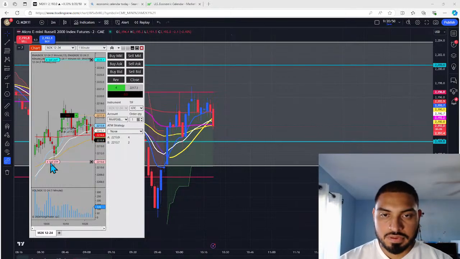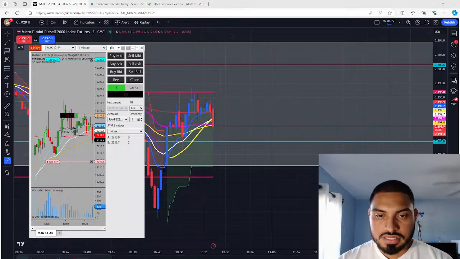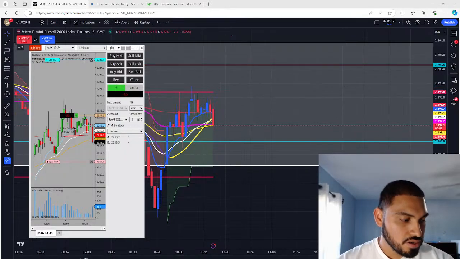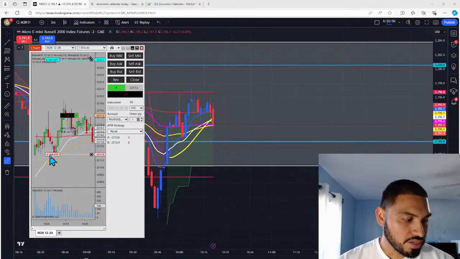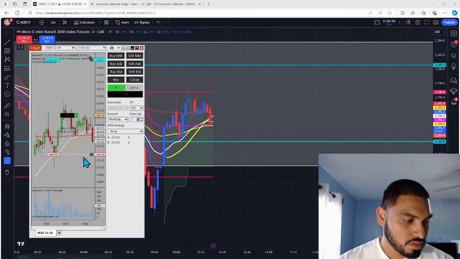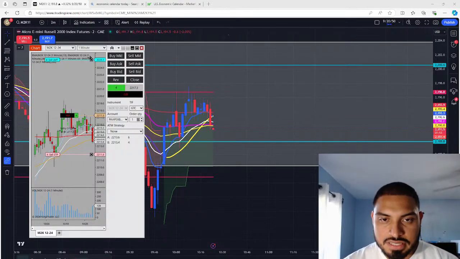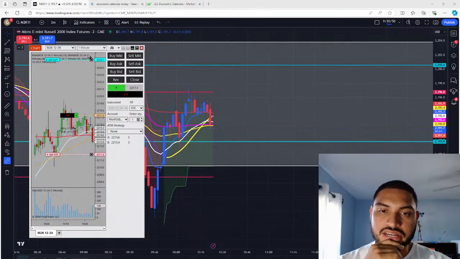Move that stop up because it's coming back down on the 5-minute. We're gonna cut it right here. On the 5 minutes, dying back down, it got rejected to the downside.